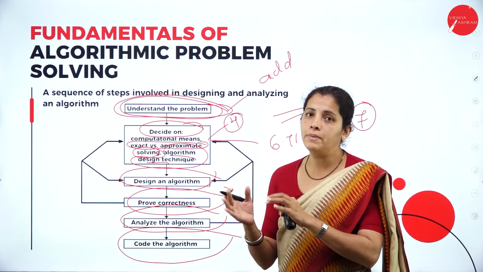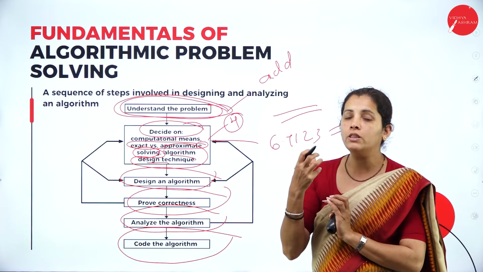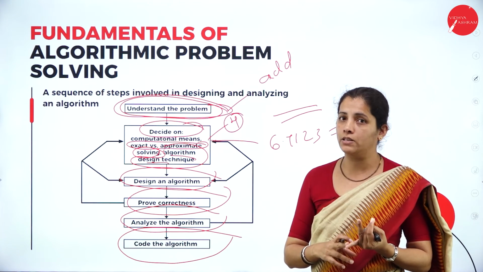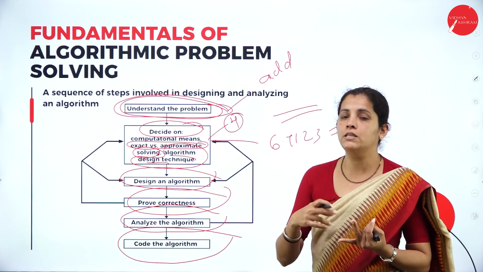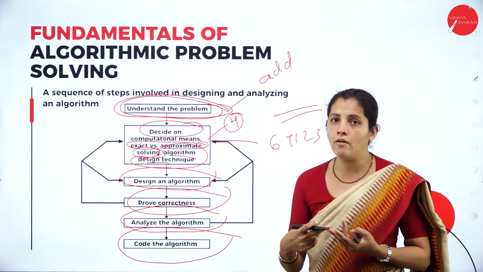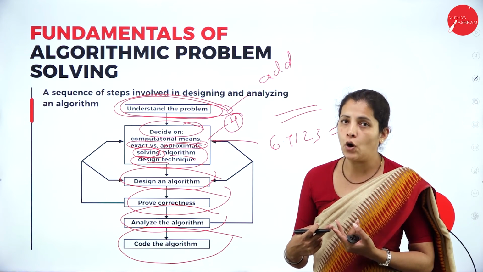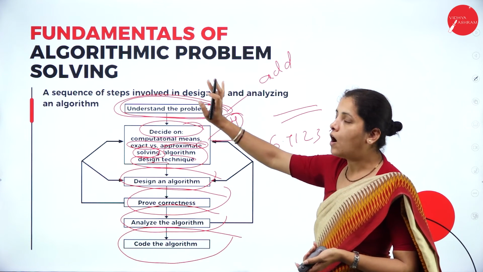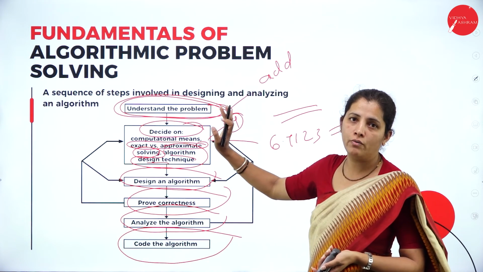That's nothing but the implementation part. Based on the requirement, you can select the programming language: C, C++, Java, Python or .NET. So these are the fundamentals of algorithmic problem solving.